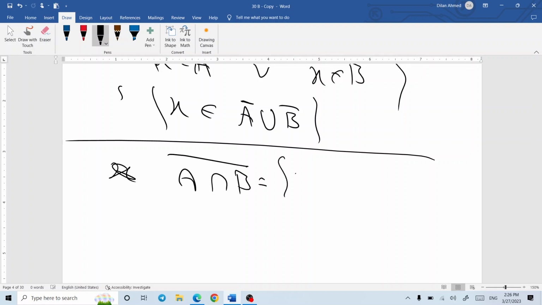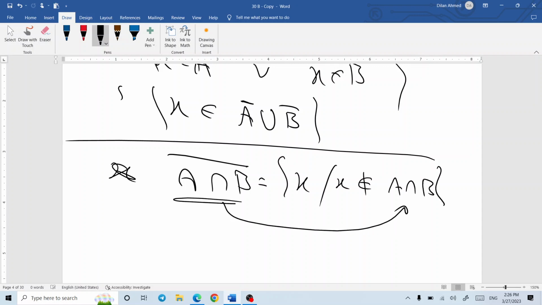We say it is equal to all these elements such that x does not belong to A intersection B. How do I change that one? Can you tell me? Yalla, good morning. How do I say that one? By which definition?